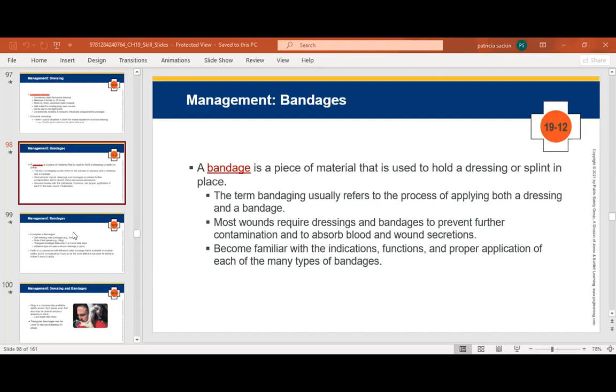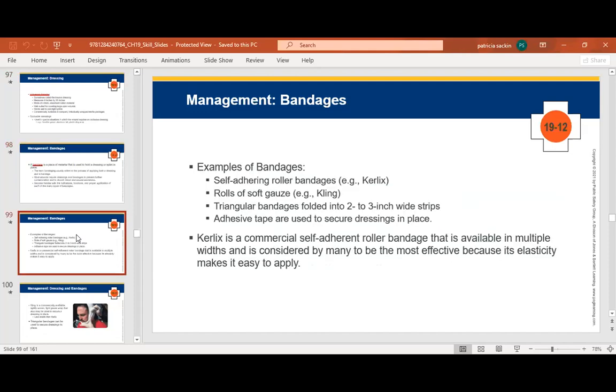Next slide. Examples of bandages: soft self-adhering roller bandages, Curlex, rolls of soft gauze, triangular bandage folded as 2x3 wide strips, adhesive tape used to secure dressings in place.